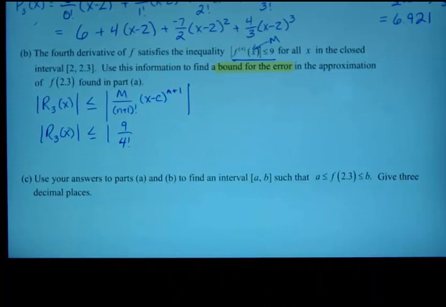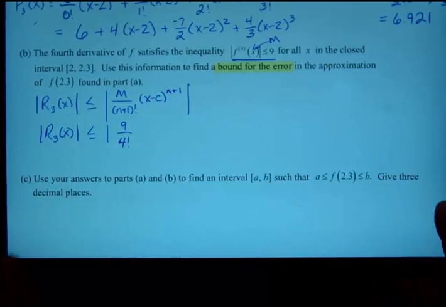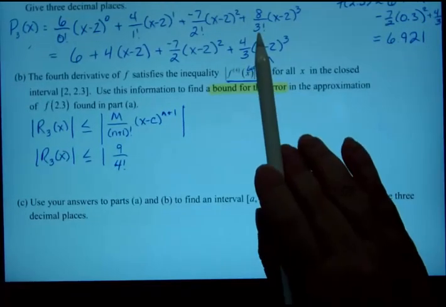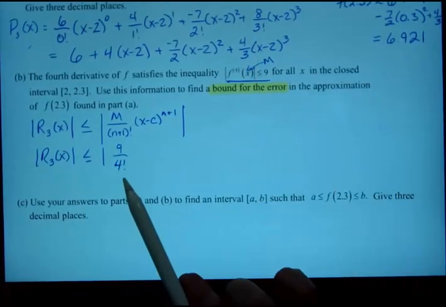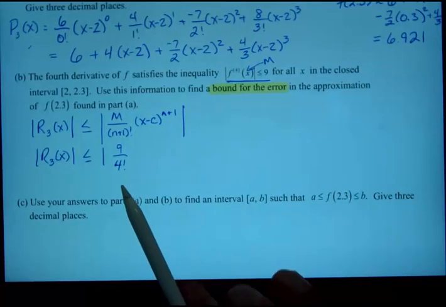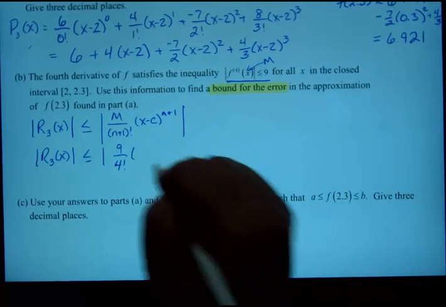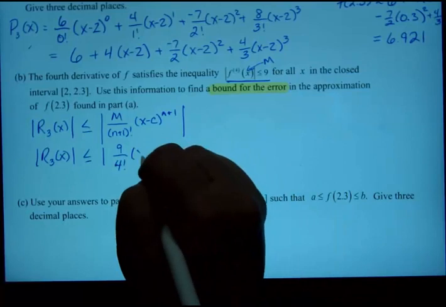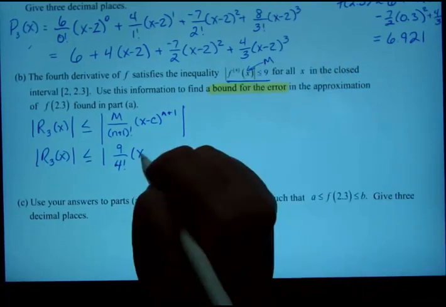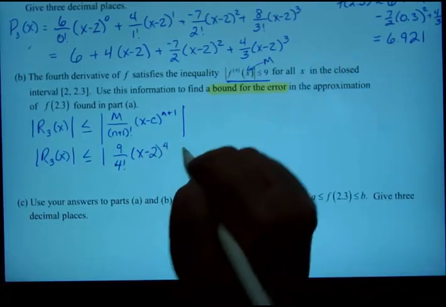The factorial beyond the one where I stopped. If you go back up and look at the original problem, we stopped at 3 factorial, so this one is the next one, 4 factorial. Okay? What is c? C is 2. So it's x minus 2 to the 4th power.